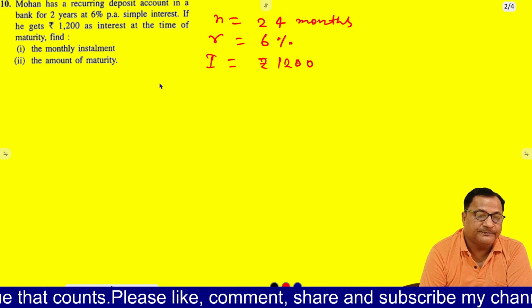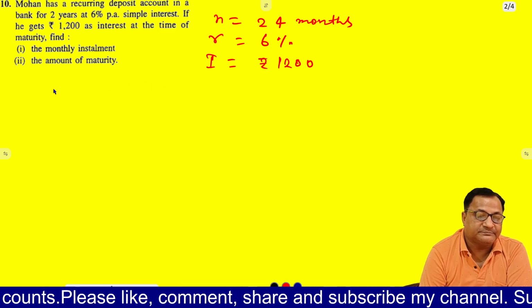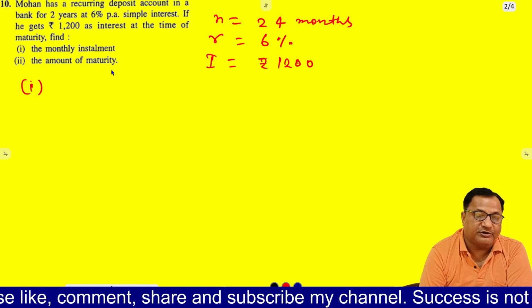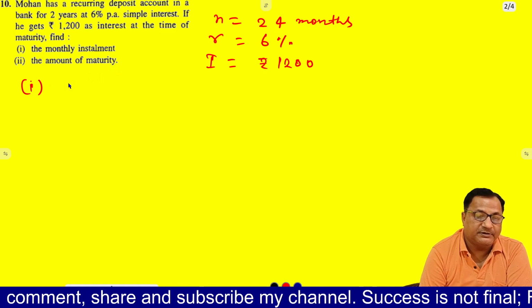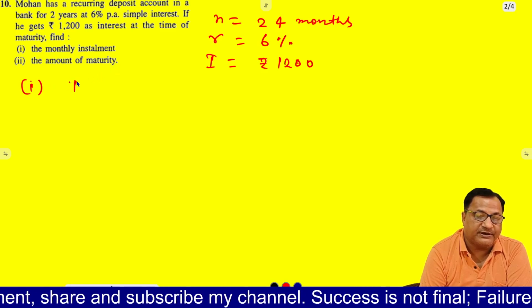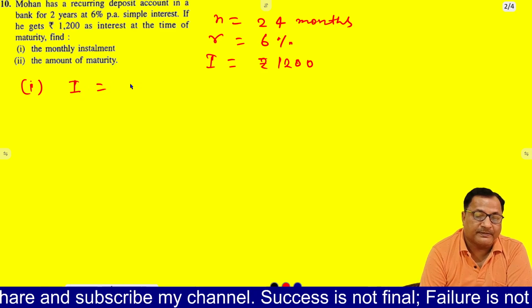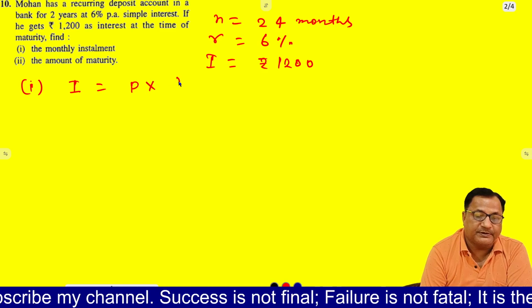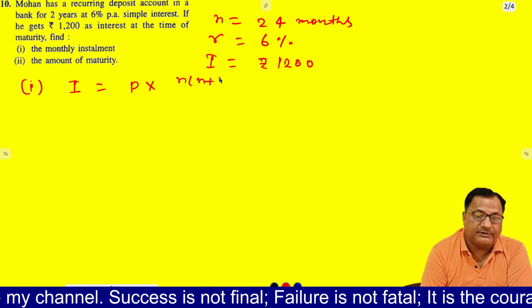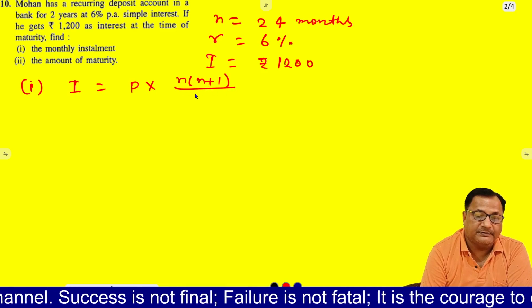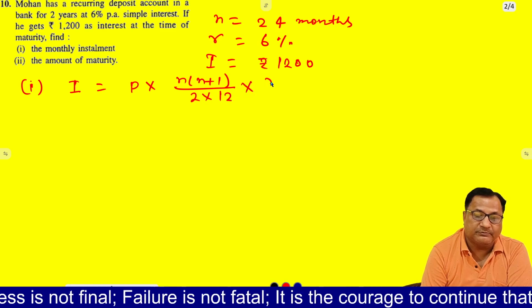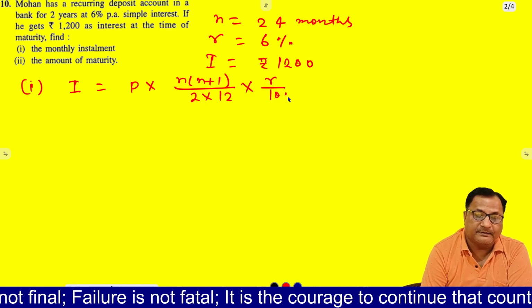So first, the monthly installment. We will use the formula I is equal to P into N into N plus 1 by 2 into 12 into R by 100.